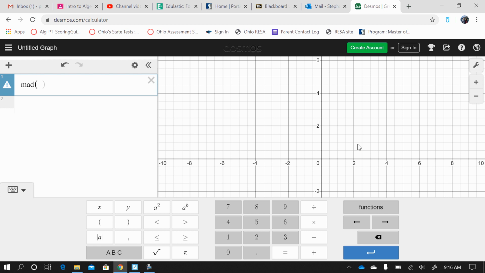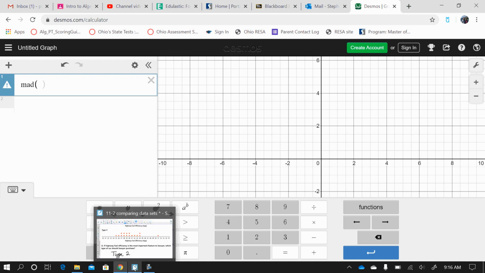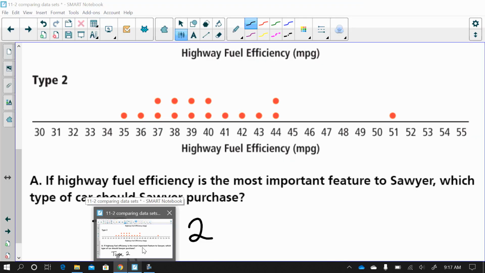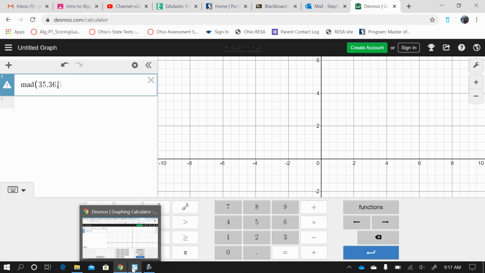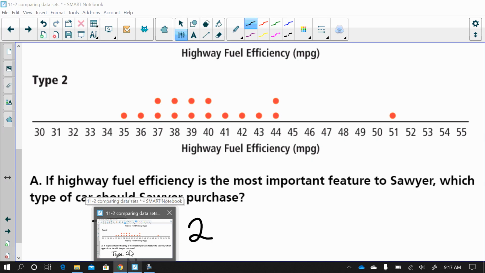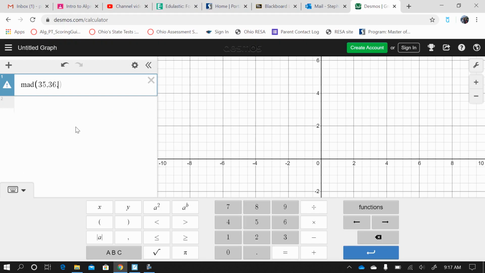Now, all we have to do is list the data points. So I had 35, 36. So I'm going to type 35, comma, 36. Then we had two 37s: 37, 37. We had 38, two of those.